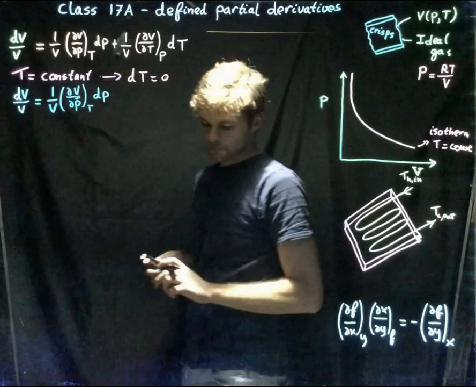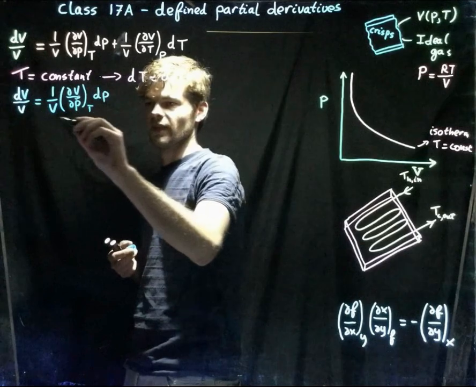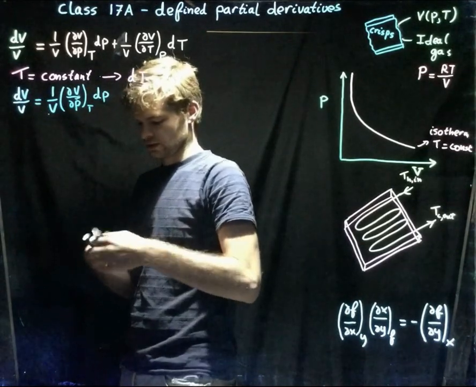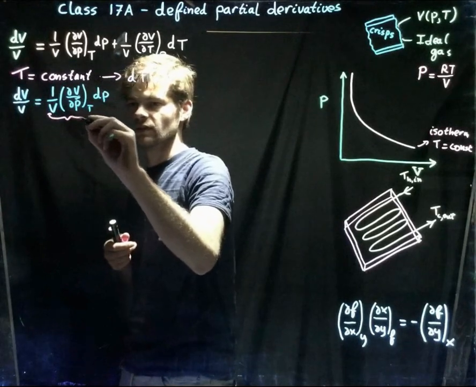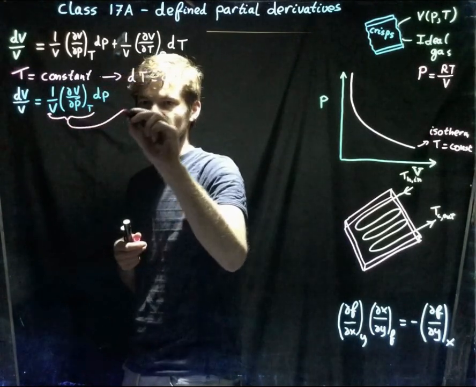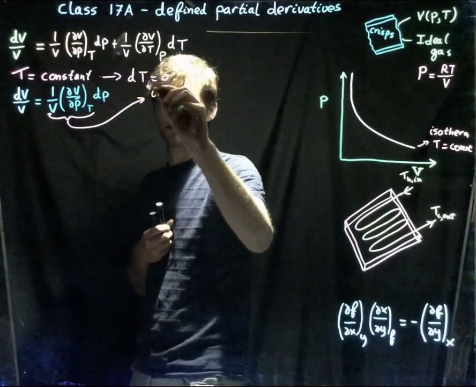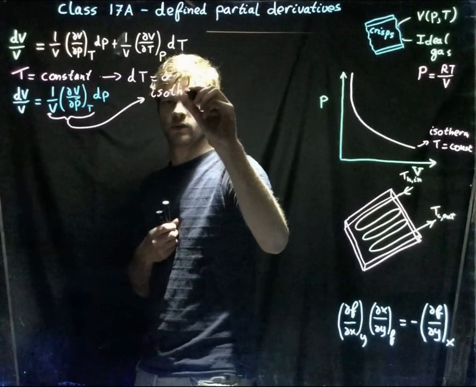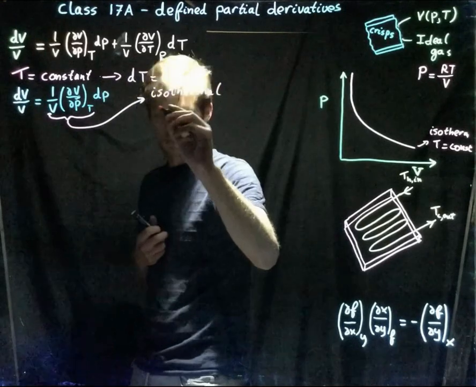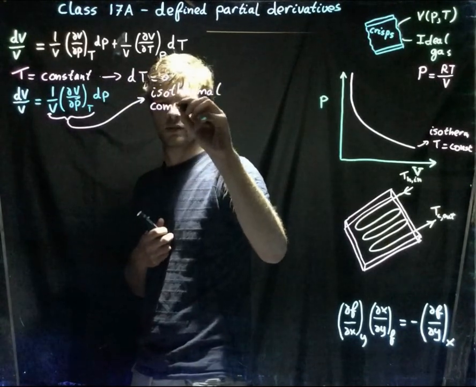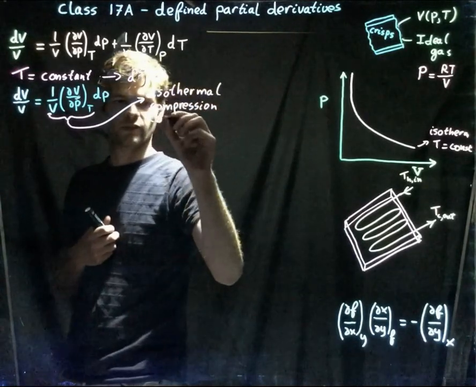And from this, I can actually say that this part of the differential is called the isothermal compression coefficient.